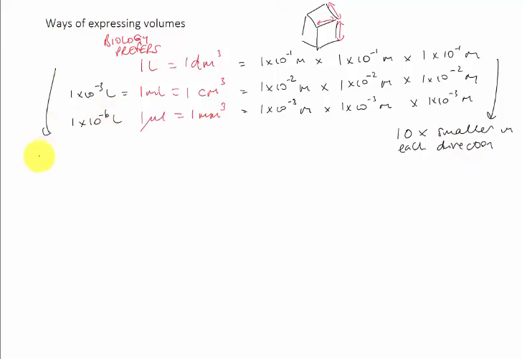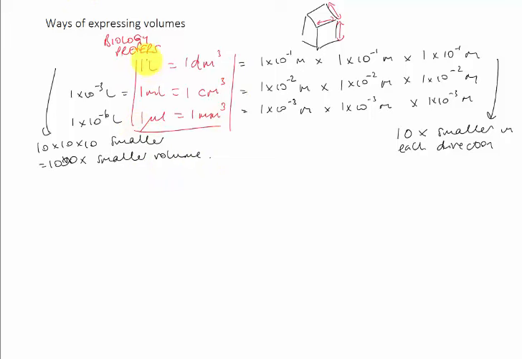Whereas here, this is 10 times 10 times 10, or 1,000 times smaller volume. So I think these are definitely worth learning off by heart. You need to know that.